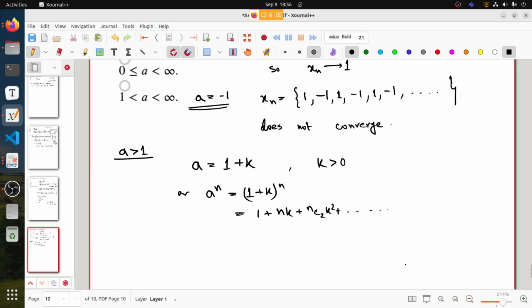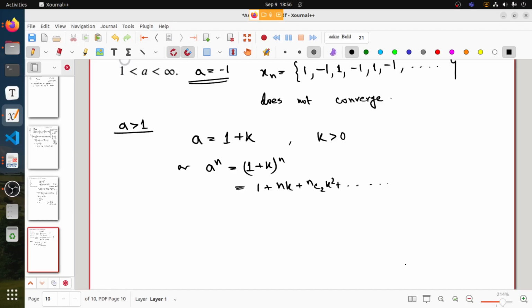We will show that for a greater than 1, this diverges.